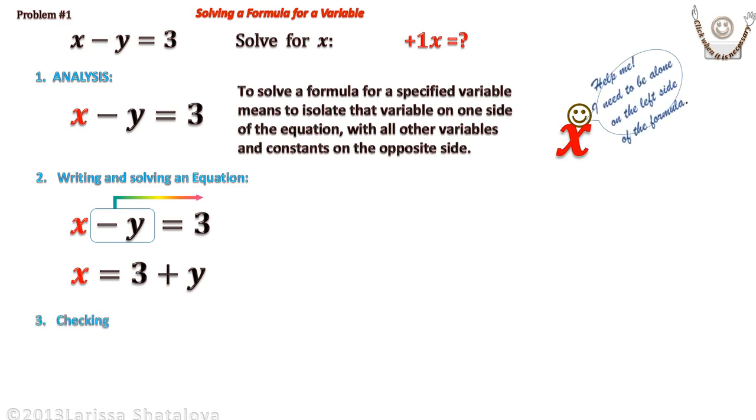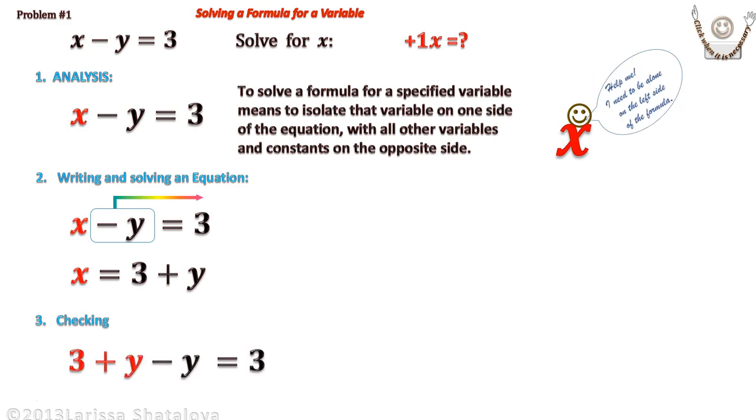Now we are ready for step number 3, checking. It's not necessary to do this all the time, but I will show you just in case how to do that. We have to replace x in our original equation by the expression 3 + y, and check if the left side equals the right side or not. As you see, +y and -y result in 0, so 3 equals 3. Yes, it works.